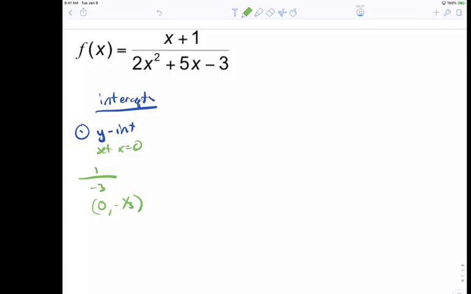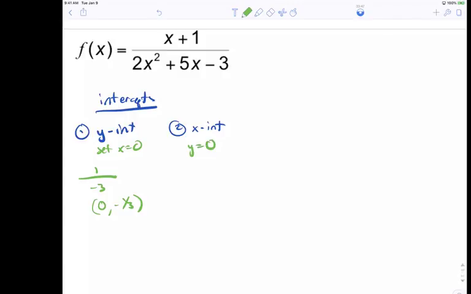Right? Now if we can find the Y-intercept, we can also find the what? Walk me through it. To find the X-intercept, we set y equal to 0. But when is a fraction equal to 0?